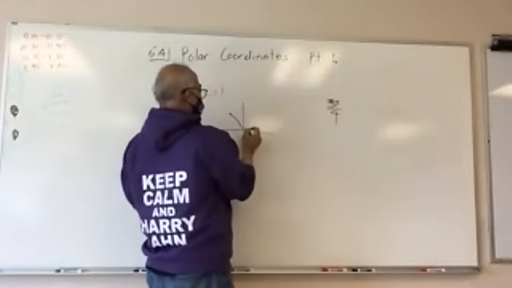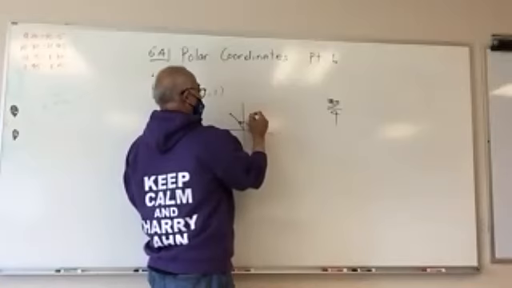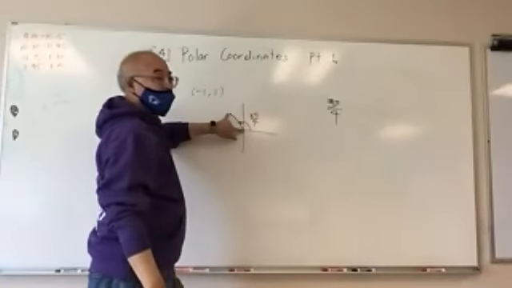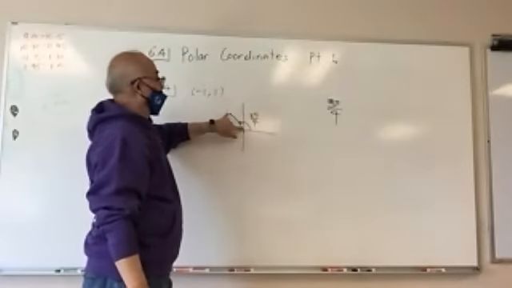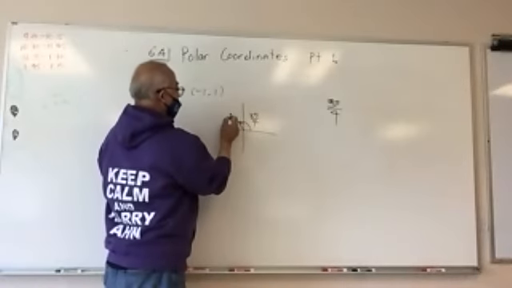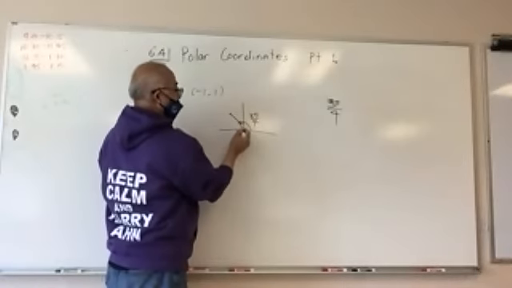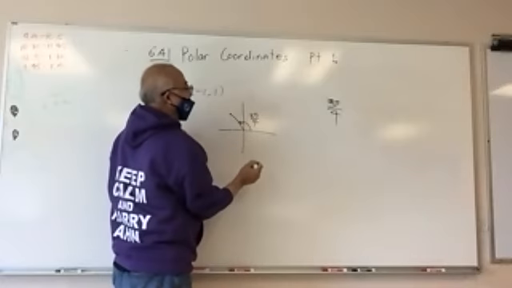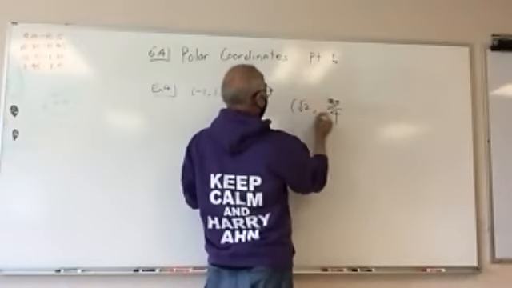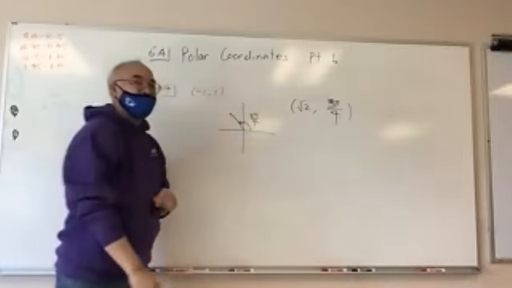Magnitude is what? I have 1 and 1. So this guy here is going to be the square root of 2. All right, so this would be your answer.